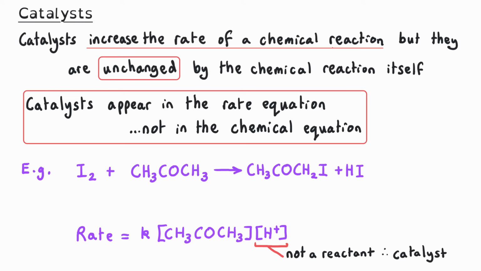And this is suggesting that this reaction is acid catalyzed and the hydrogen ions are acting as a catalyst. And the rate equation is in fact also showing that iodine is not present, and therefore we must assume that it is zero order and its concentration is not affecting the rate of reaction.